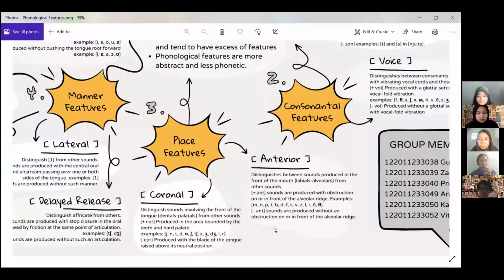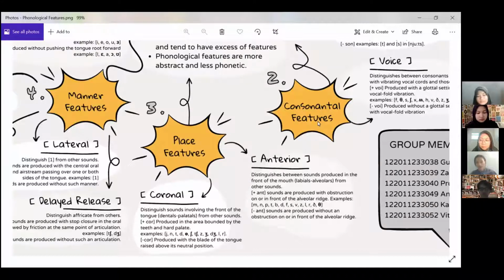Negative anterior sounds are produced without an obstruction on or in front of the alveolars. Examples are g, k, y, w, h, and so on. The next material will be delivered by my friend.